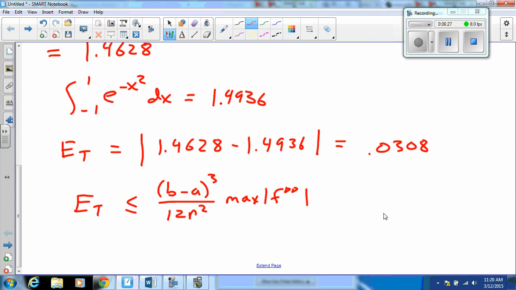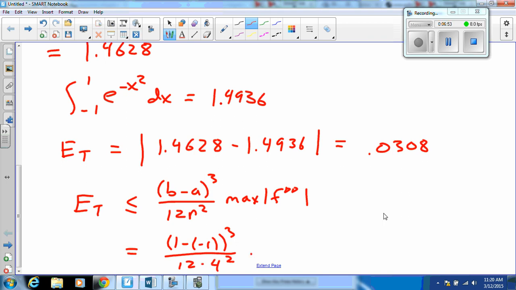Some of you reported back to me that it didn't, which was a sign of a problem, because mathematically the error will always satisfy the error bound. That's the point of the error bound, is to tell us that the error will be no worse than. So, the b minus a is simple enough, 1 minus -1, and the n is simple enough.